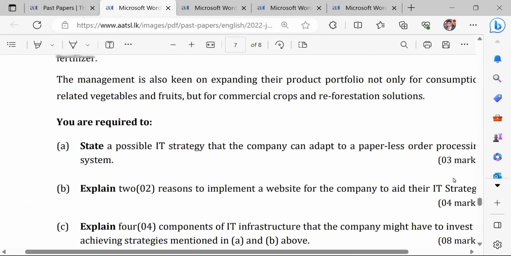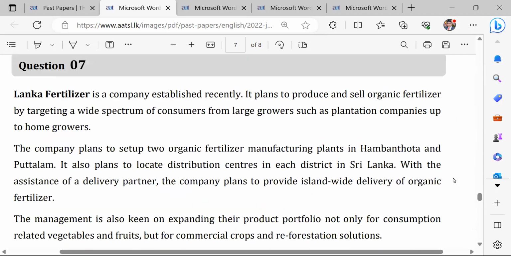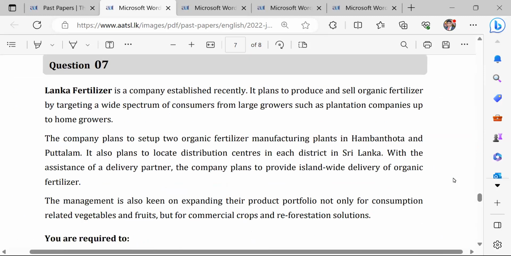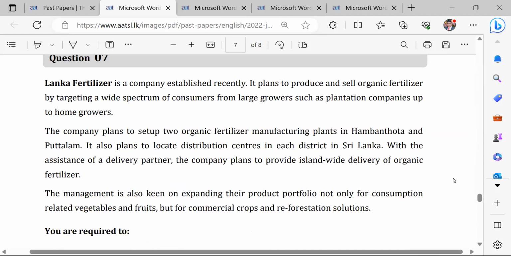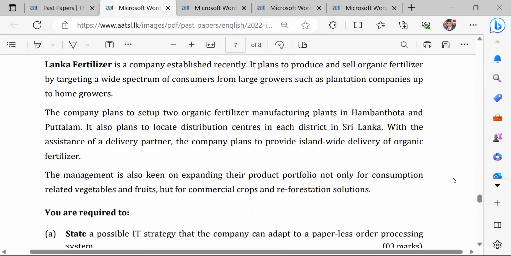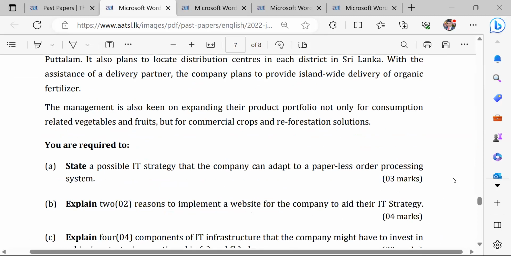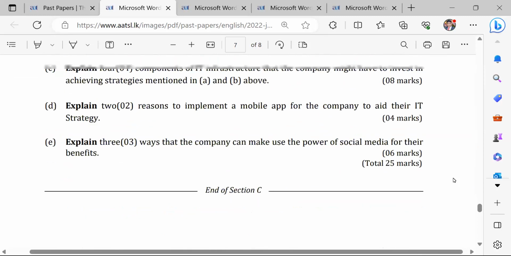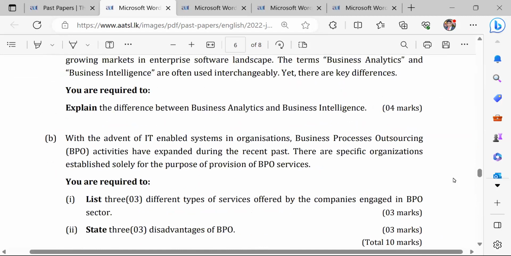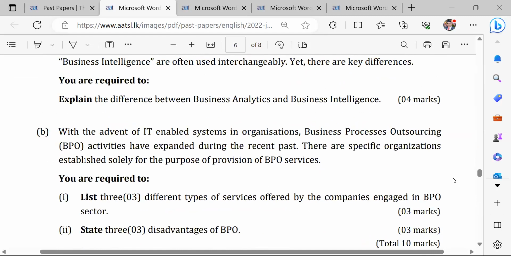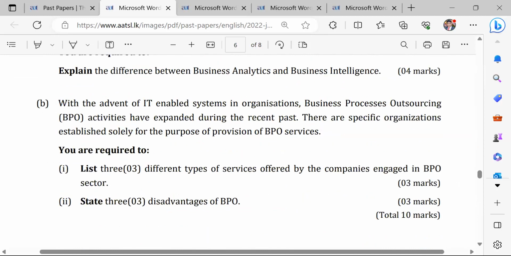The case study is very important. You have to read all the case studies. You have around 5-6 case studies. Lanka Fertilizer is a company established recently, planning to produce and sell organic fertilizers. You have to understand the case study, and then answer based on the case. In these questions there is a small description that is not actually a case study, so it does not totally depend on it, and you don't need to quote from it.